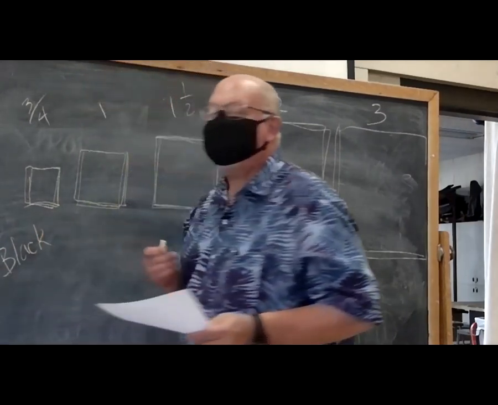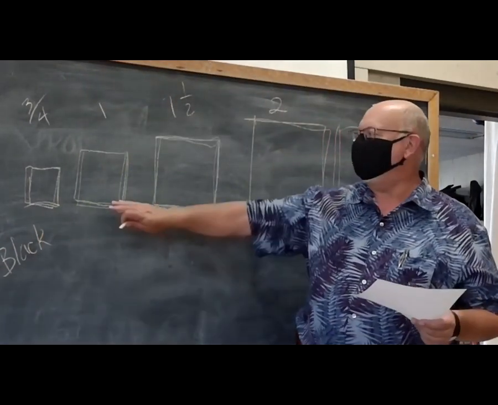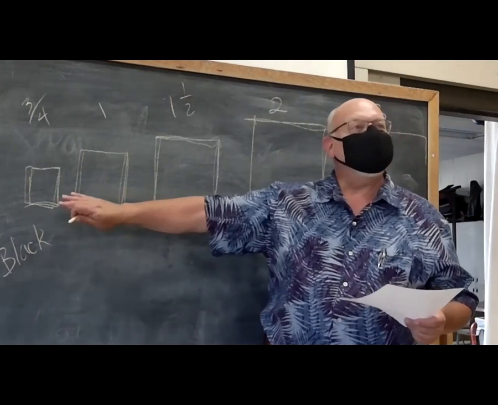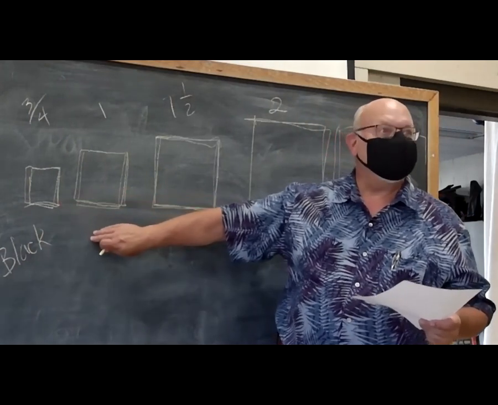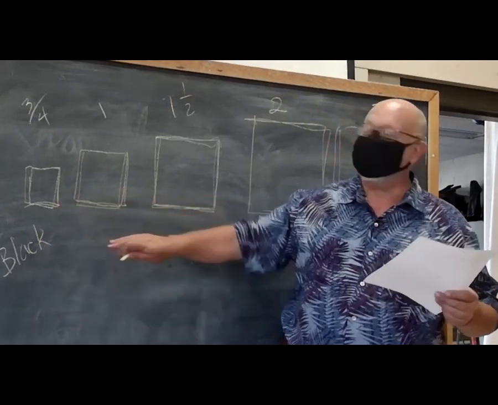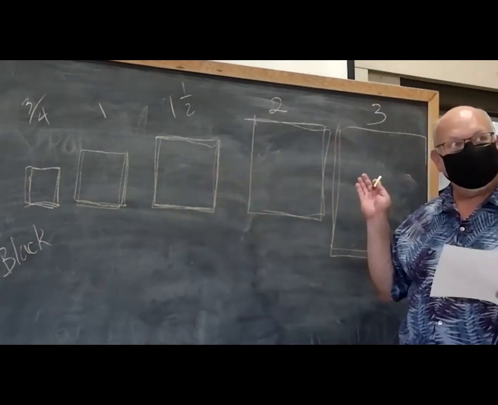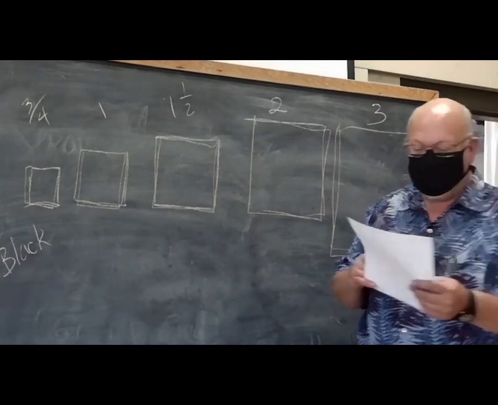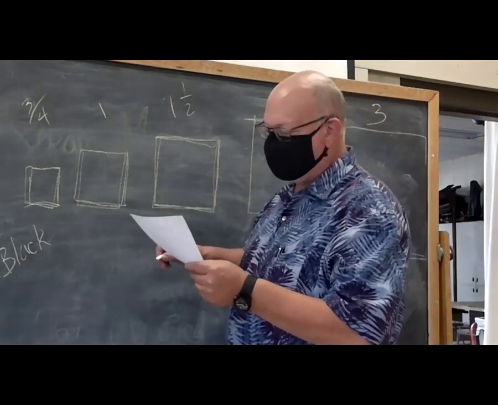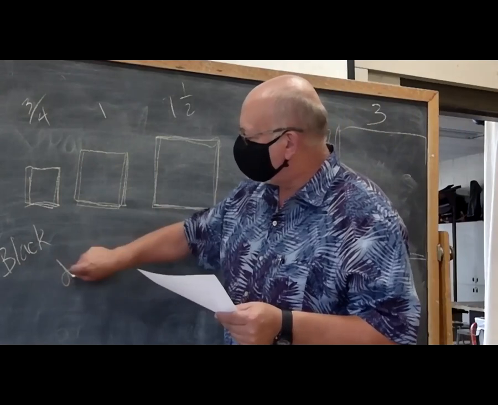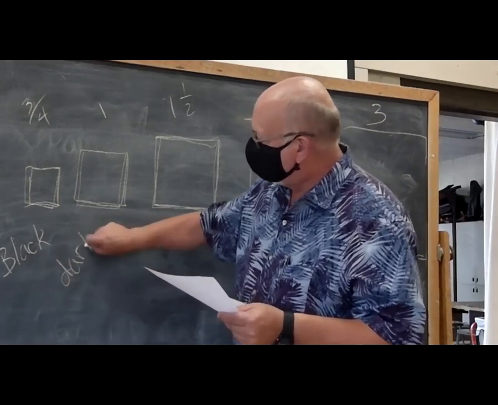And it's always interesting to try to do this on a blackboard, because I think I want to leave that one black, the color of the blackboard, because it's black. And then I'm going to try to color these in to make them ever lighter in value as we go. So the 1-inch square is going to be dark gray.